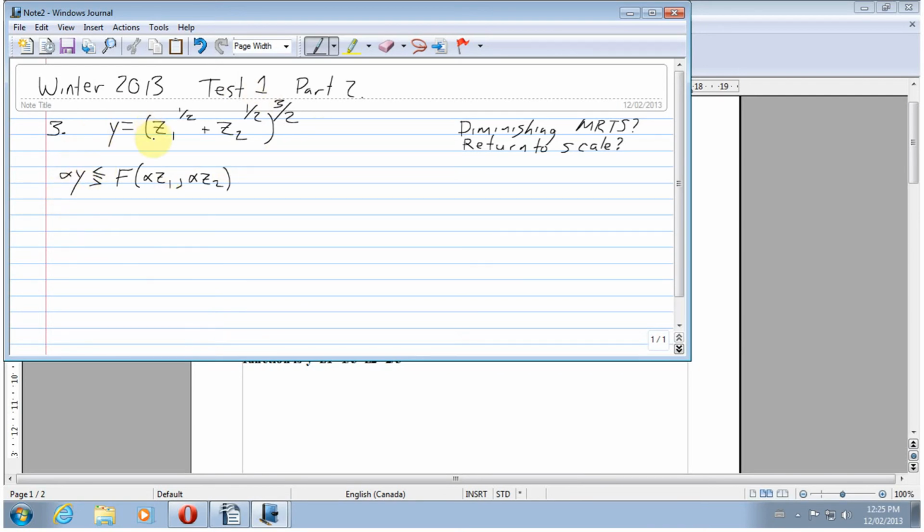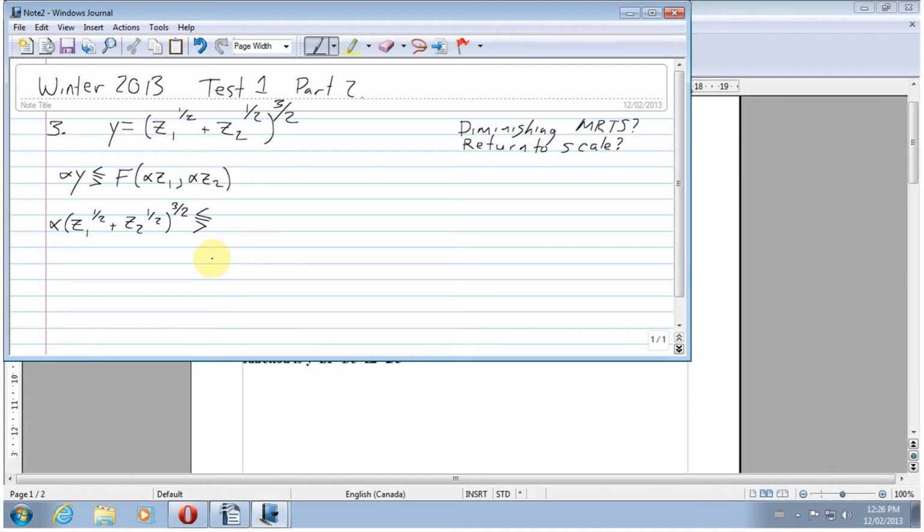So I'm going to plug in this Z1 to the 1/2 plus Z2 to the 1/2 all to the 3/2 for Y. So I'm going to have a times Z1 to the 1/2 plus Z2 to the 1/2 all to the 3/2, and I want to know whether that's less than, equal to, or greater than.